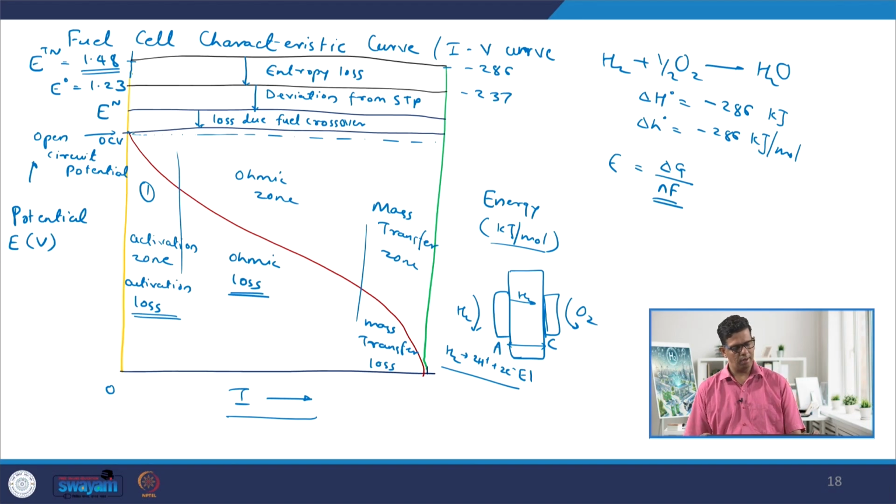In reality, we have a performance curve like this for the potential as and when we draw the current. These losses play a very important role in shaping this fuel cell curve, and this is what we will see in the upcoming classes.